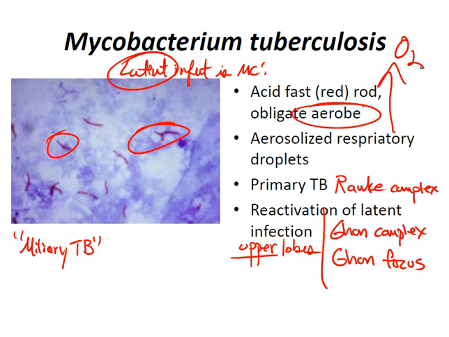The reactivation rate in all persons is about 10% per lifetime. Reactivation rate in HIV infected is about 10% per year. They want you to know that number, so remember that. In HIV, it's 10% per year.